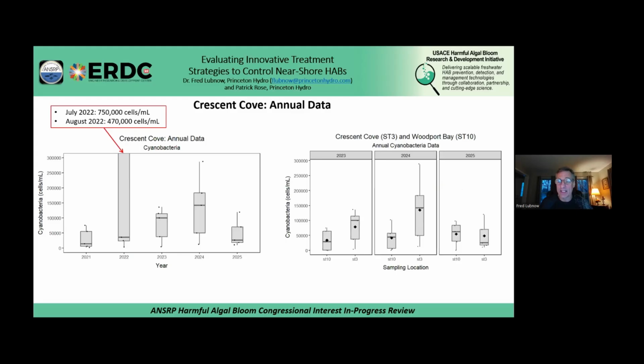And then if you look at the graph on the right, you're looking at 2023, 2024, 2025, and it's comparing Woodport Bay, which is up in the northern end of the lake, to Crescent Cove. Typically Crescent Cove has higher amounts of cyanobacteria than Woodport Bay, but in 2025, they were very similar. So again, just showing you that improvement in Crescent Cove.